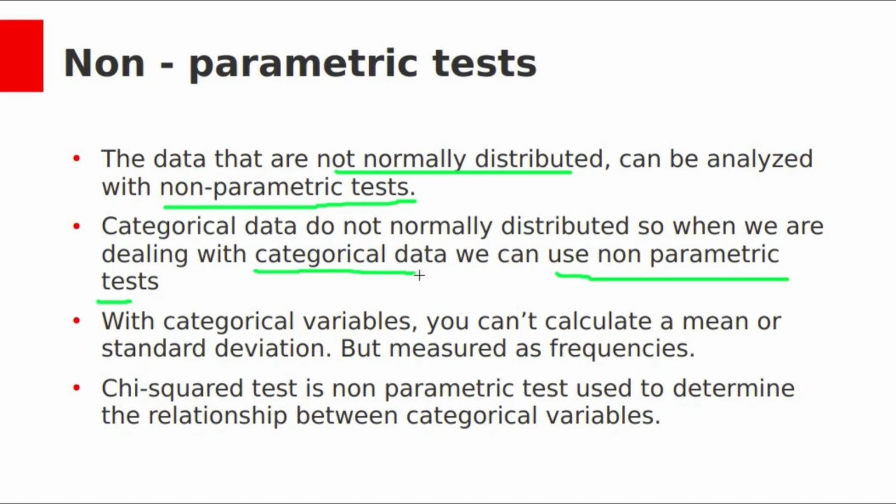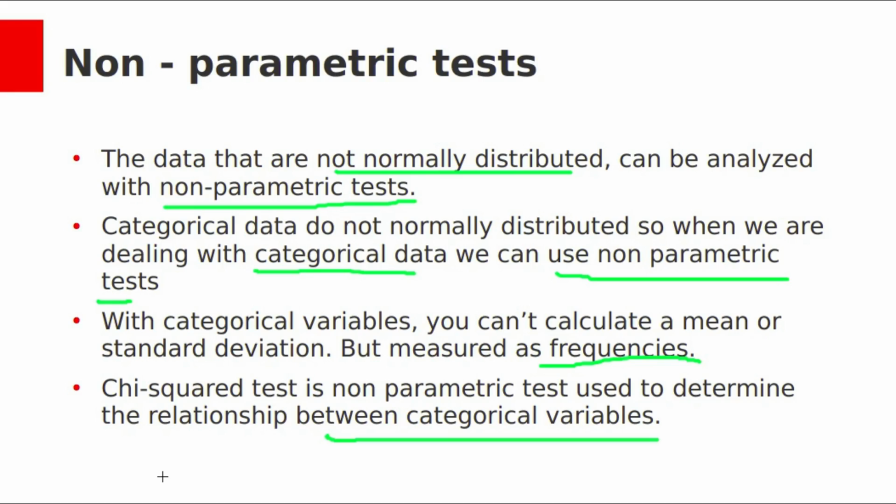We cannot apply parametric tests like z-test, t-test. So we can go for non-parametric tests. With categorical variables, you cannot calculate mean or standard deviation. It is measured as frequencies. Chi-square test is a non-parametric test used to determine the relationship between categorical variables.